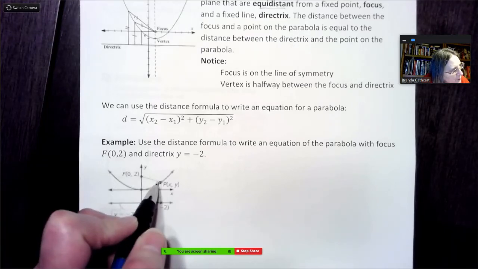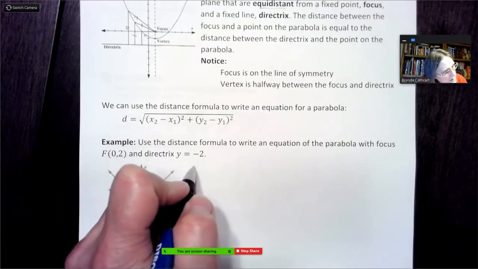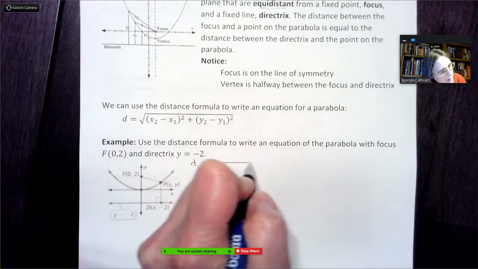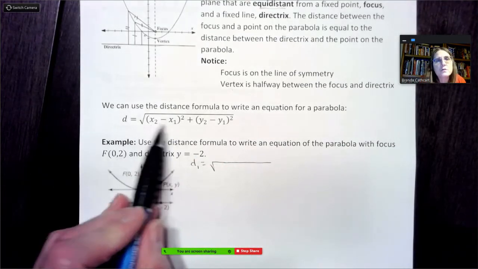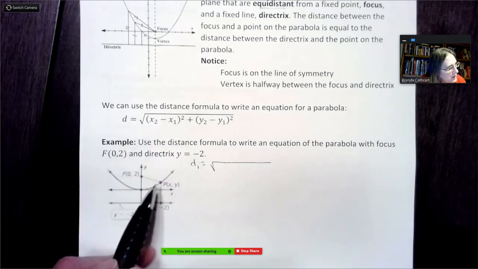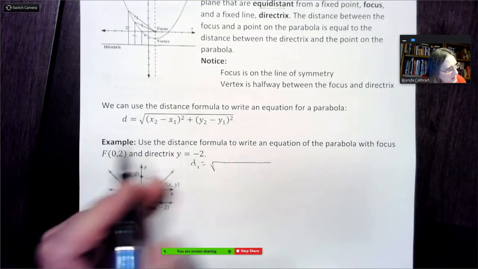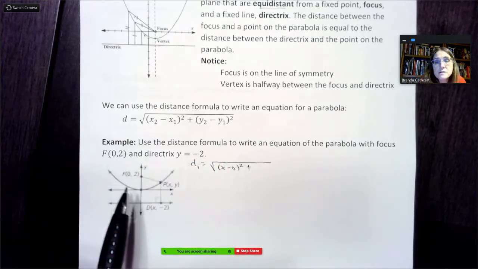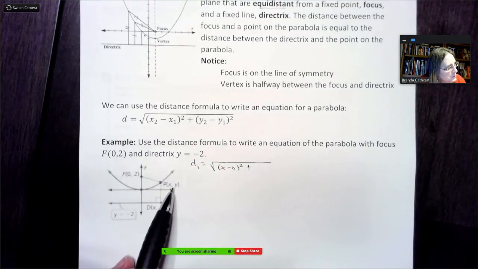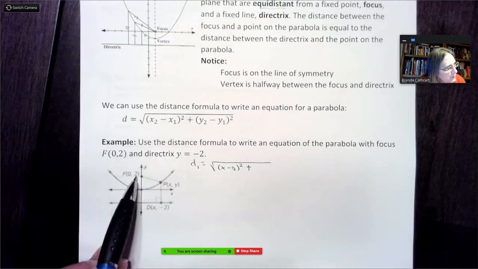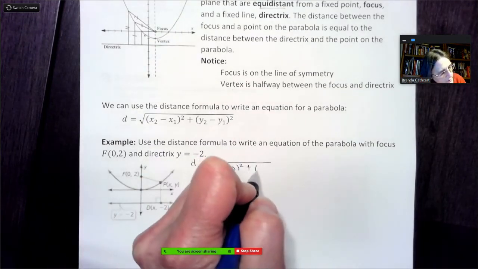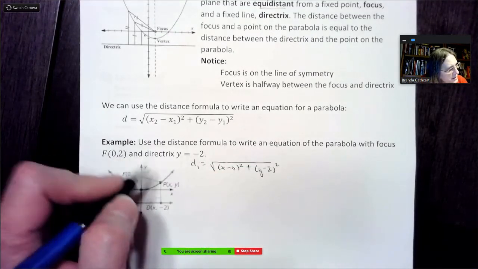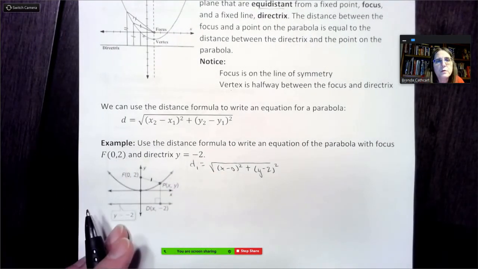Using our distance formula to write this distance, we'll call that d1. It is the square root of the difference in the x-coordinates, so x minus 0 squared, plus the difference between the y-coordinates, so we have y minus 2 quantity squared. That's our first distance, our distance between our focus and our parabola.